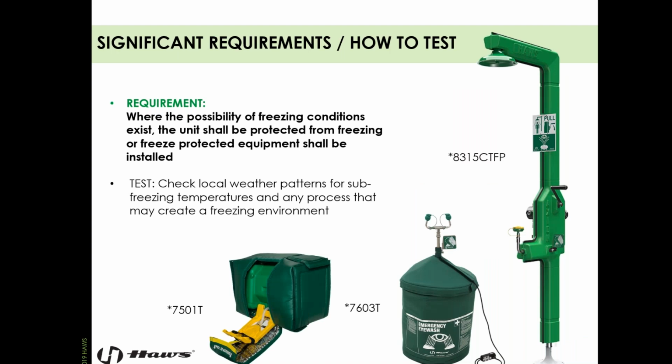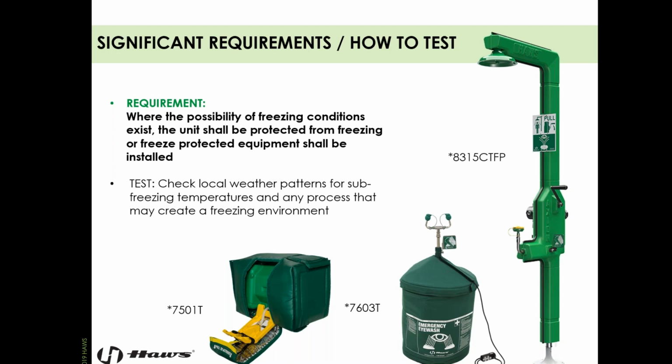Now, where the possibility of freezing conditions exist, you need to have freeze protected equipment. Totally makes sense, right? Check your local weather patterns. Make sure that you are testing during seasons where freezing is most likely. Okay. Now, freeze protected equipment usually looks something like what you see on the screen here.